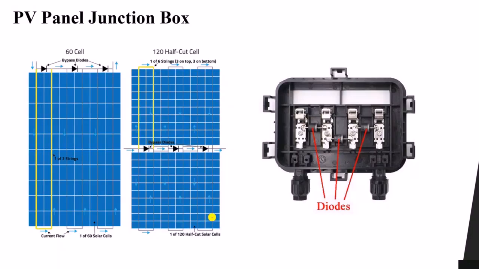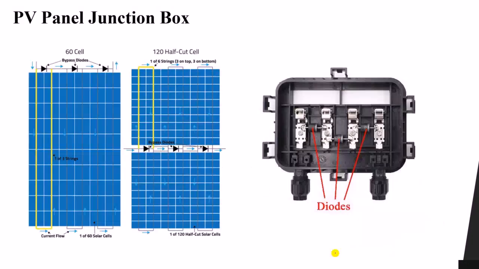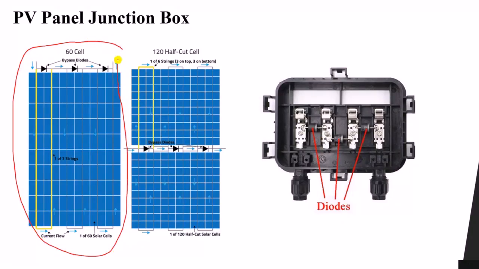Okay, so let's see closely how it looks. This shape here is similar to this one. So you can see we have the, what are these diodes? The bypass diodes. Now if we look at this figure, which we have discussed before, you can see we have how many diodes? 1, 2, and 3, right?